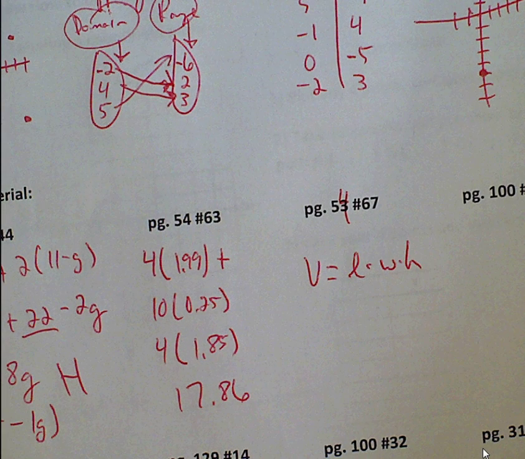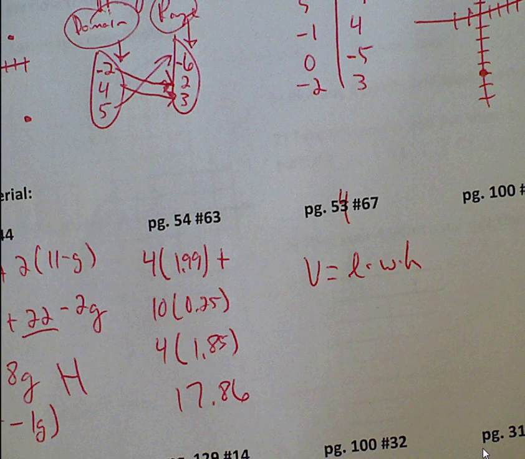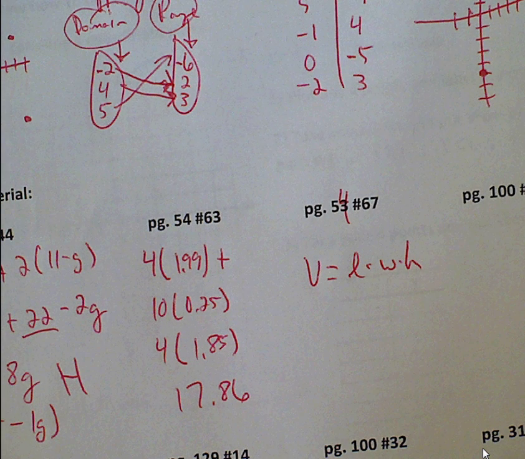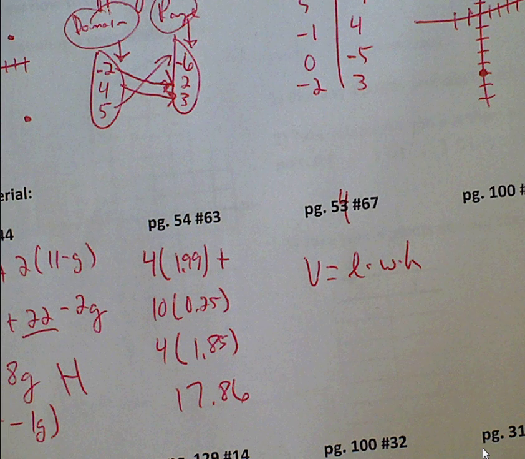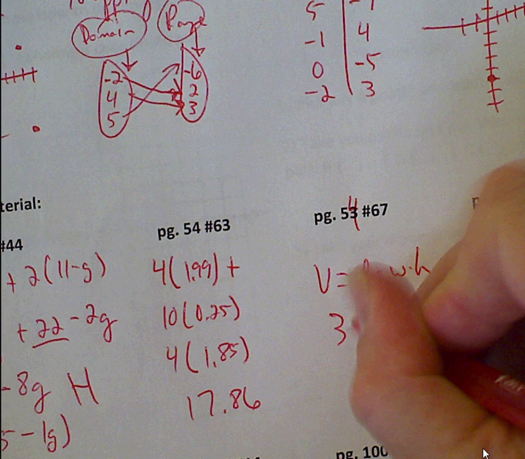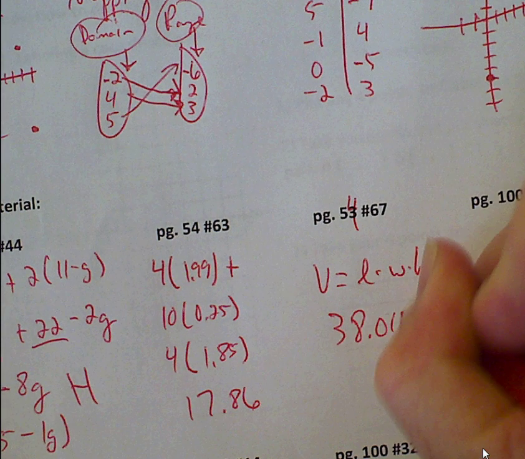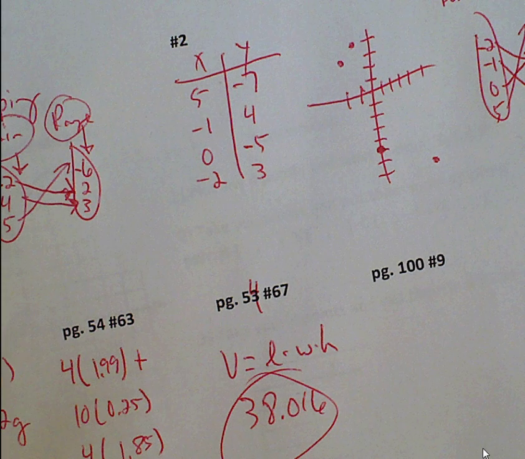So I know that I'm going to have 3.2 times 2.2 times 5.4, that gives me 38.016.